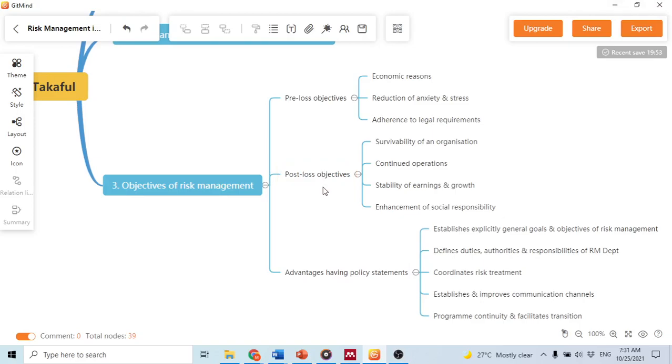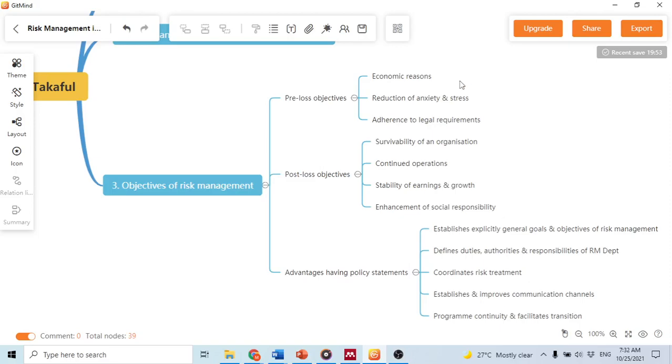The pre-loss objective can be further segregated into objectives related to economic reasons, whereby an organization should develop plans to enable it to deal with potential losses in the most economical way possible. So what is the most economic action that can be taken to minimize or mitigate the risk?